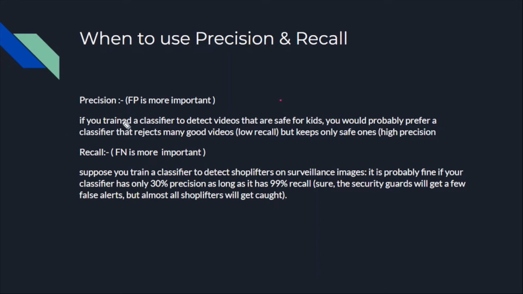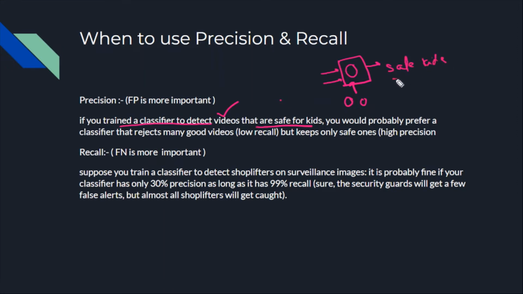Let's look at the example first. Let's say you train a classifier to detect videos that are safe for kids or not. You have made a classifier model and you want to check whether that model is performing well, and you want to make sure that for whatever videos we send to the model, it predicts whether the video is safe for kids or not.